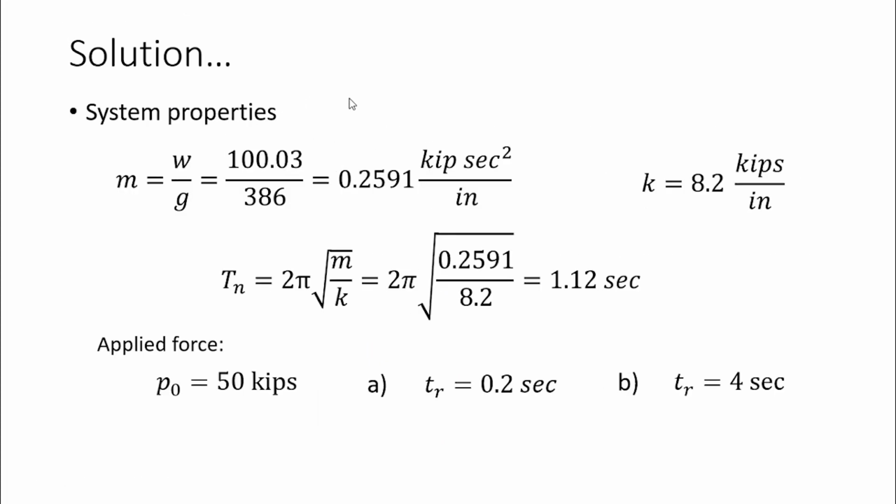So the system properties are given, mass is given, the weight is given, so the mass can be calculated as weight by gravitational acceleration. The stiffness is given, so we can find the natural frequency and the natural period. So we can calculate the natural period here as 2 pi square root of m by k. So we get the natural period as 1.12 seconds.